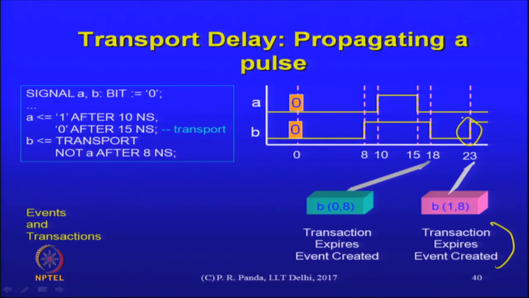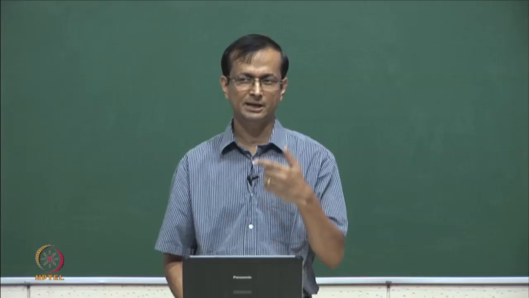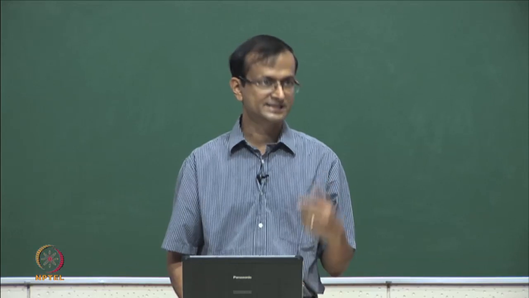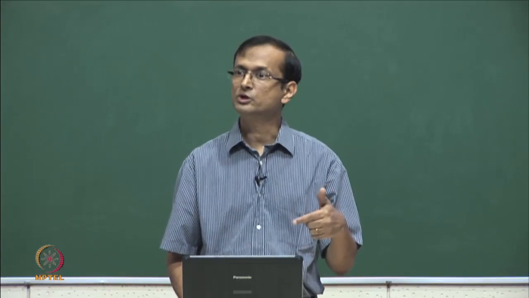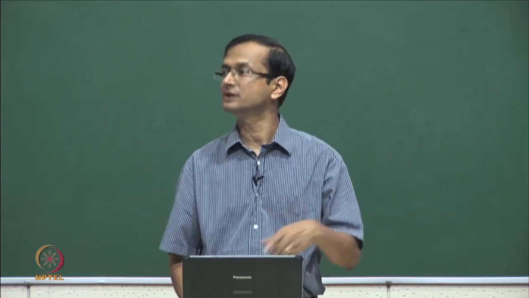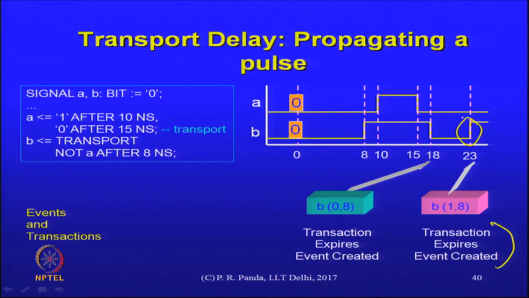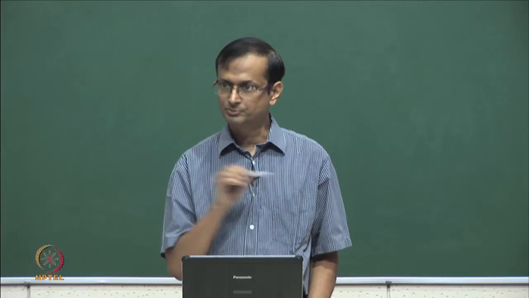Then we just modify the status of the event queue. We pick up one transaction to process from the event queue. That leads to possibly a bunch of different signal assignment statements being evaluated. As a result of that, a bunch of new transactions would be created. All of them are again put back into the event queue for processing. And what would the final step be? Well, the final step would be that you pick up the event, you process all of them.